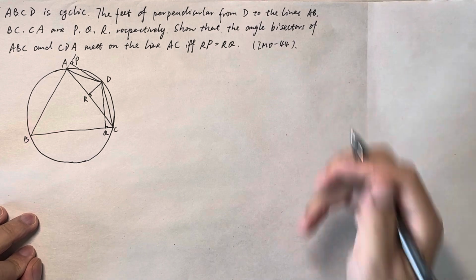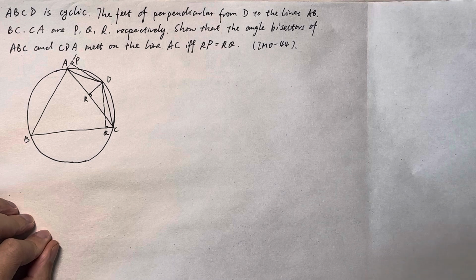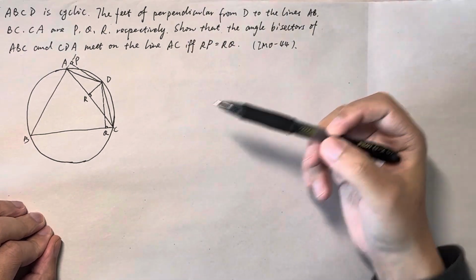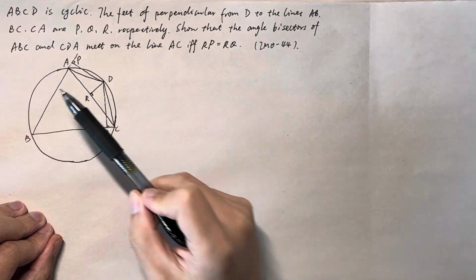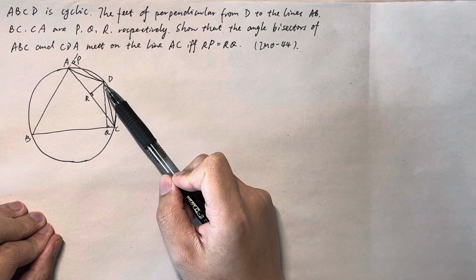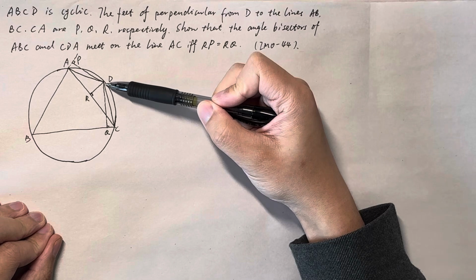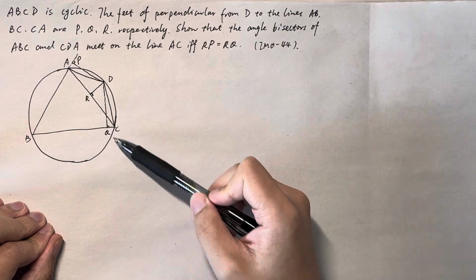So we will see that this problem is not a difficult problem if you know Simson's theorem. Let's read the problem again. We have ABCD, a cyclic quadrilateral, and from D we draw perpendiculars to each of the lines AB, BC, and AC.